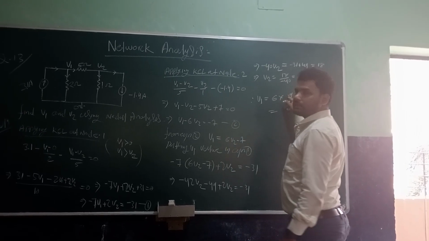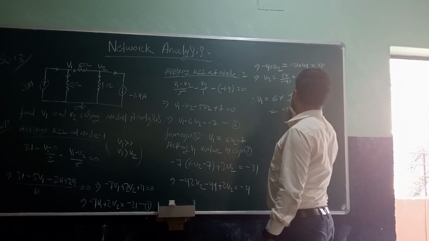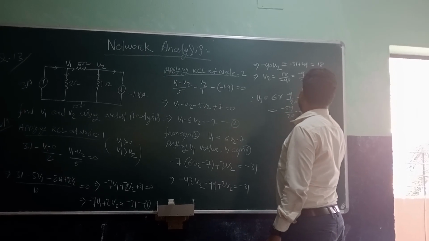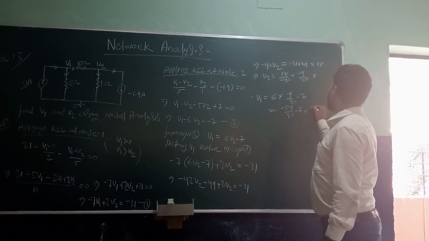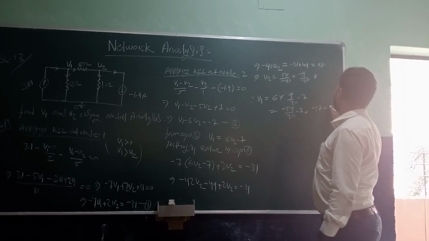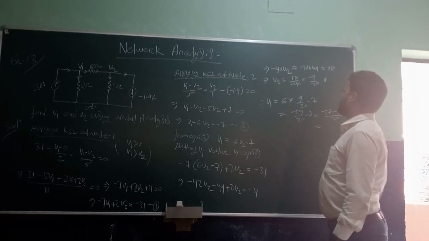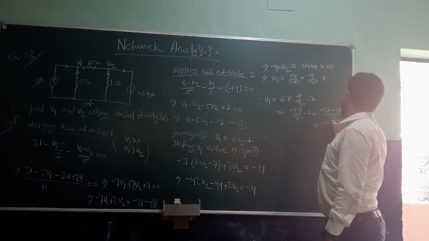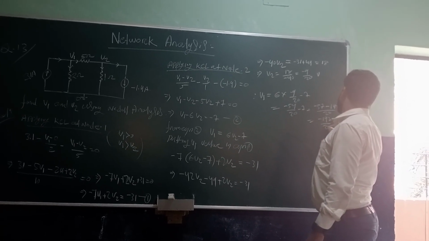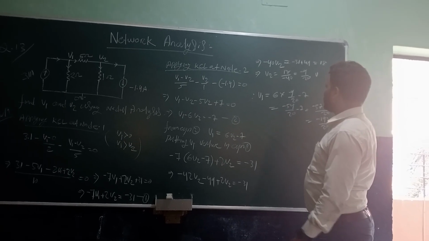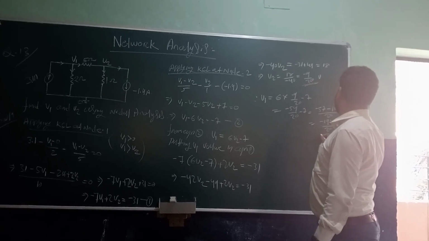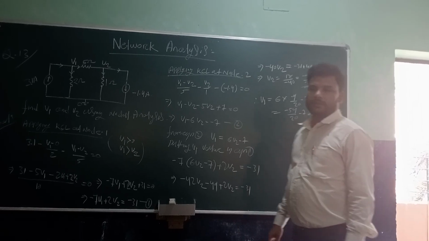This is minus 54 by 20 minus 7. This is minus 54 minus 140 divided by 20. This equals to minus 197 by 20. Okay. V1 value this much, V2 value this much.